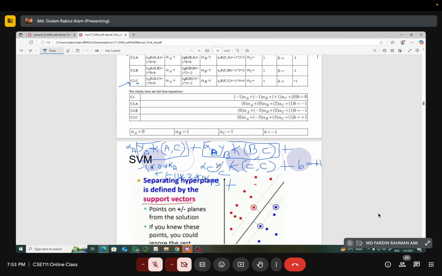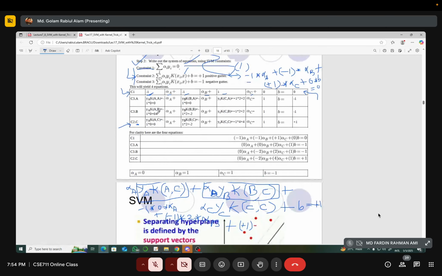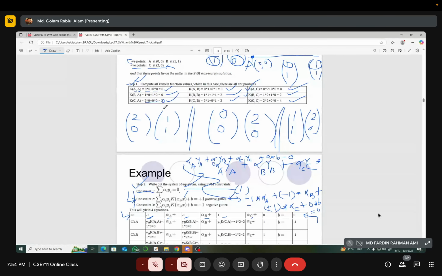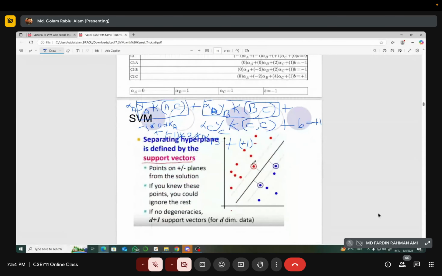C is positive, so yC is our positive class, and KCC is 4. So we write here 4 times alpha C plus b equals +1.